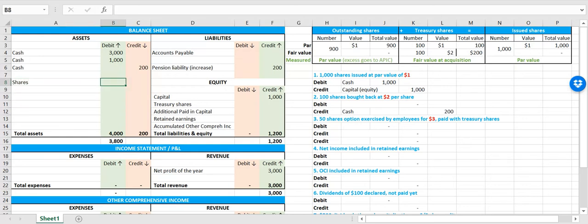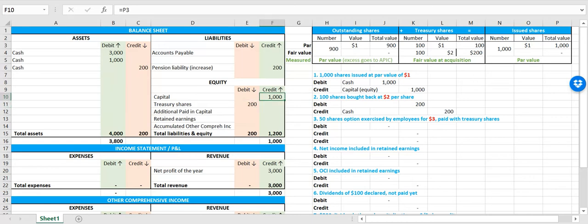Normally, if you buy shares, you show them as an asset, right? But because this is a transaction with equity owners, that's why we have to show them as an equity. So instead of doing 200 debit as an asset, we're doing 200 debit as equity.